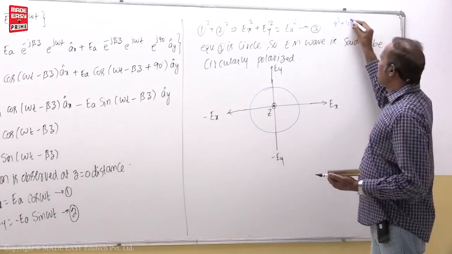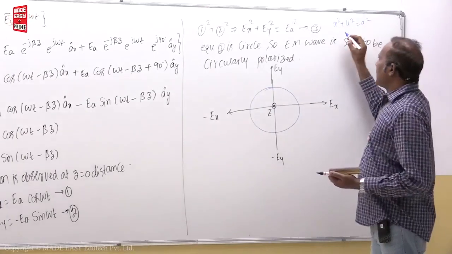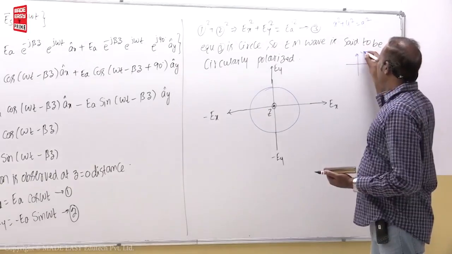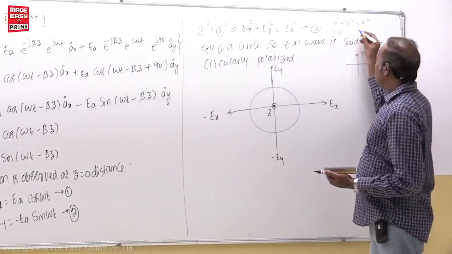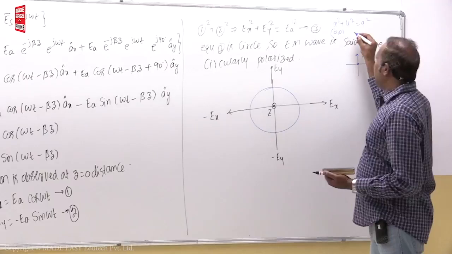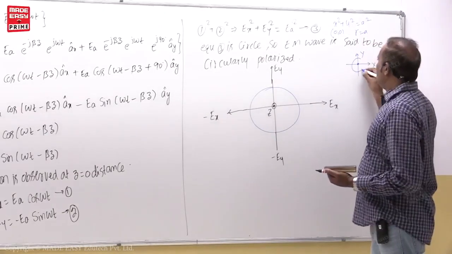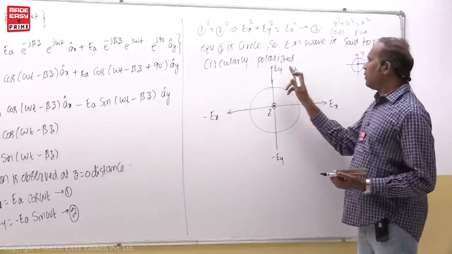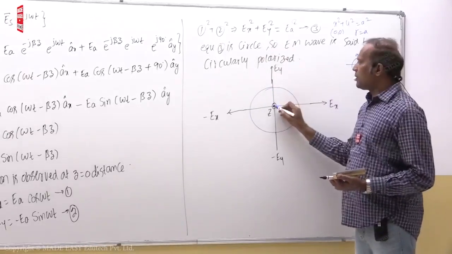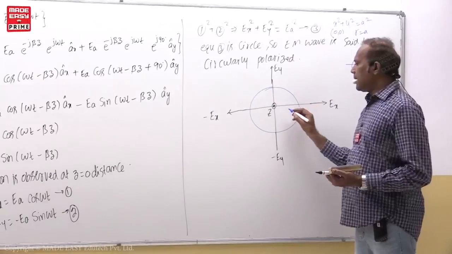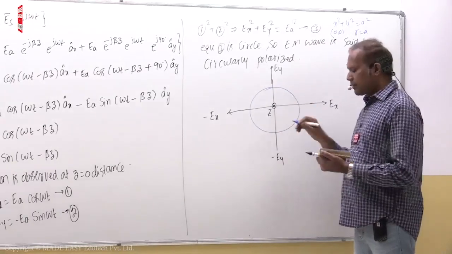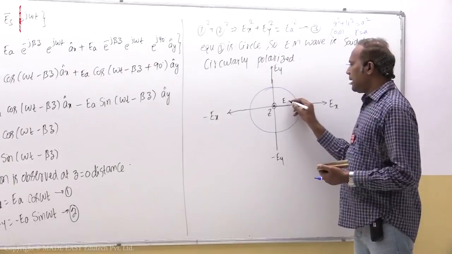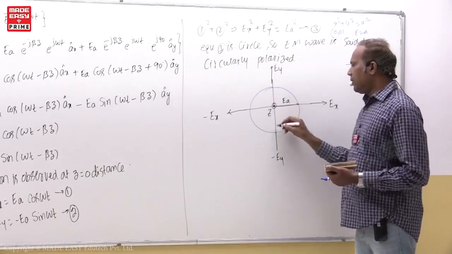X square plus y square is equal to a square is a circle equation on the xy plane with center 0 0. This is the center and the radius is a. Similarly, this is a circle equation on the Ex and Ey plane with center 0 0 and radius Ea. So from here to here the distance is Ea, students. Here also Ea, anywhere Ea only.